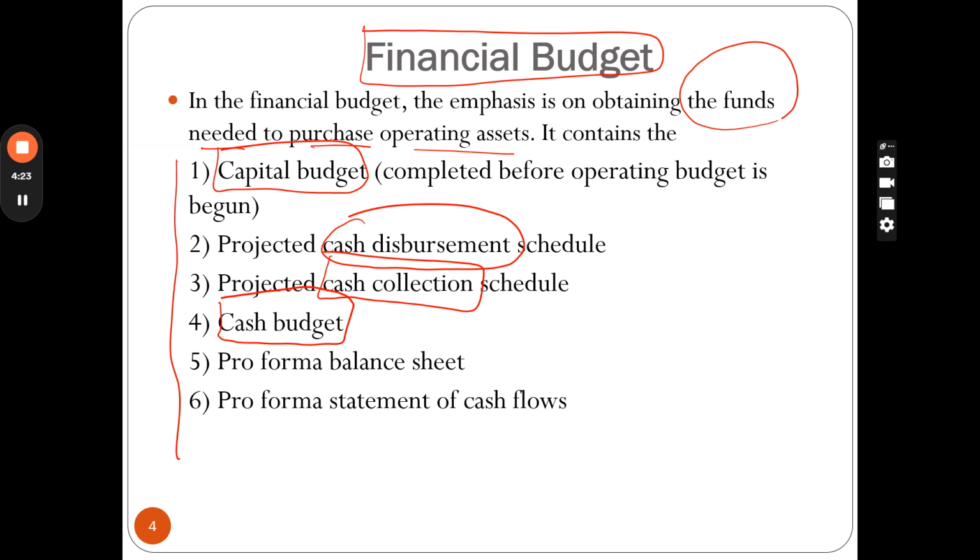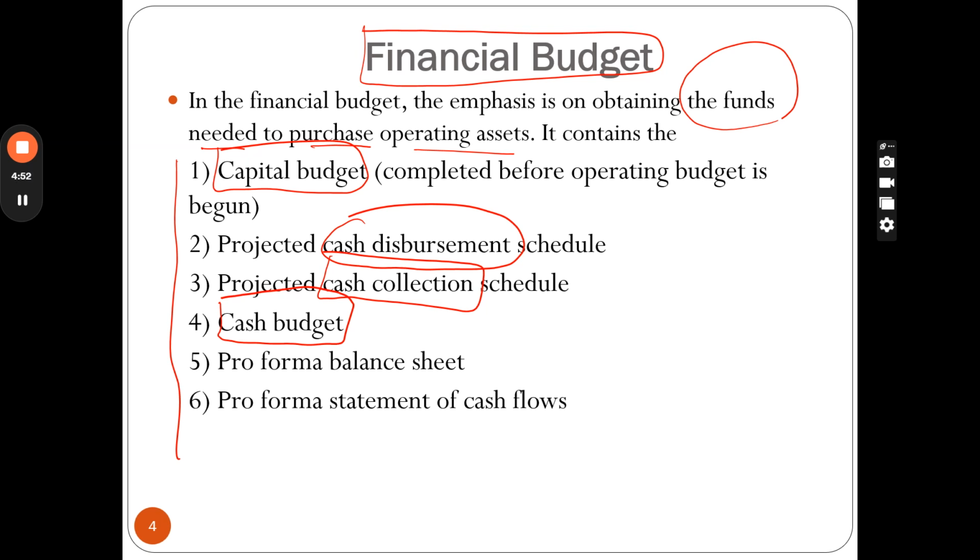When you have a forecasted cash budget and you know how much cash you are going to have, then based on that you can plan for the future. Maybe you will approach a bank to get facilities, or if you have more money as a surplus, you will plan how to invest it somewhere else.